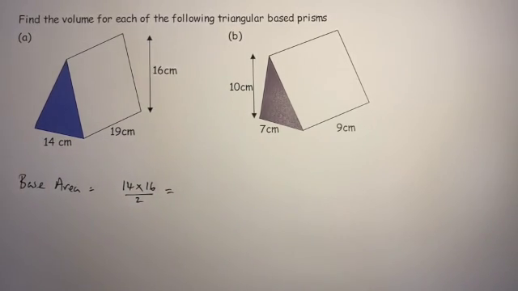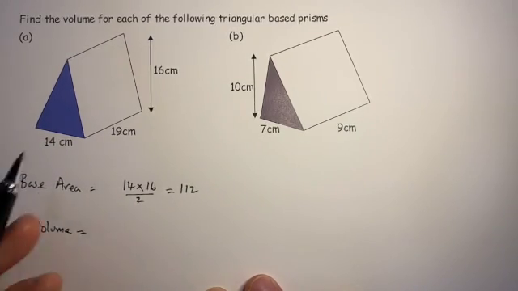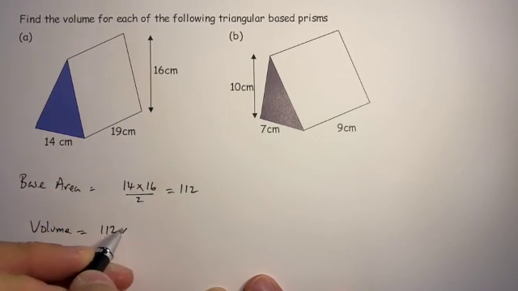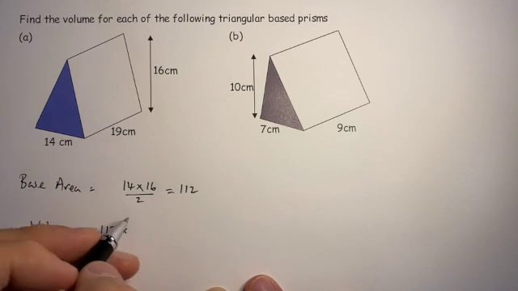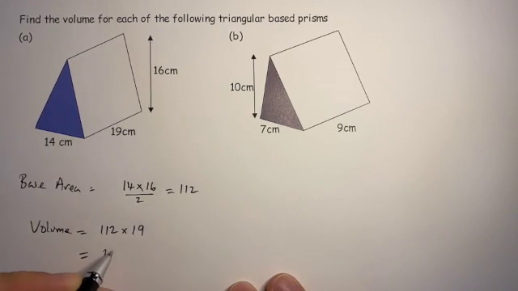So we've got a half of 14 times 16, which works out to be 112. So the volume of this first prism is the area we've just worked out times by how long the prism is, which is 19. So I'll times that number by 19, and the result comes out to be 2,128 centimetre cubes.